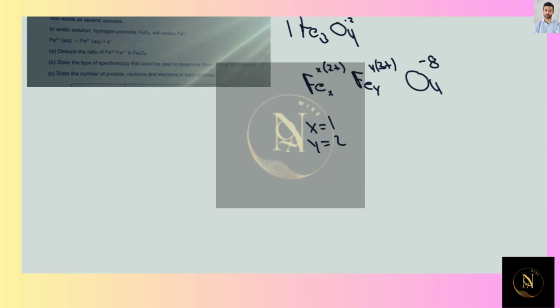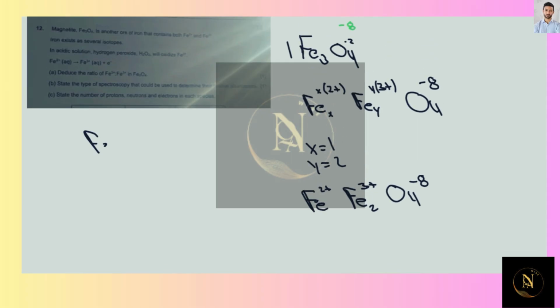So in this case, we can write down Fe3O4 as Fe2+ with 2 of Fe3+ and O4 with the -8. You can verify that this is going to be 6 plus 2, 8 minus 8 equals 0. So the ratio of Fe2+ with respect to Fe3+ is going to be 1 to 2.